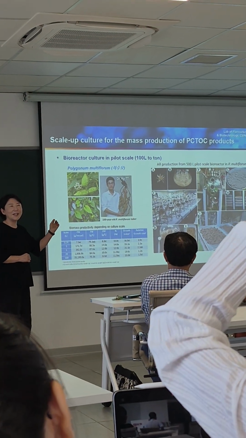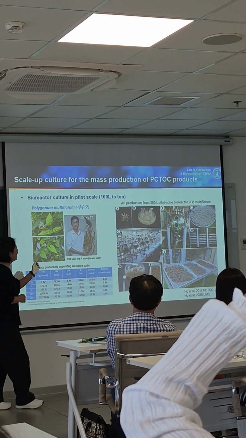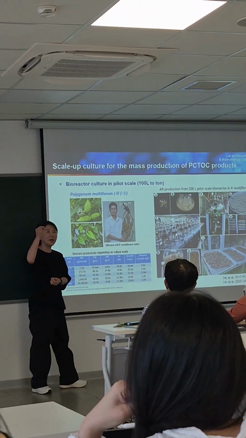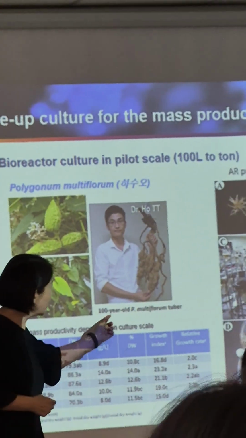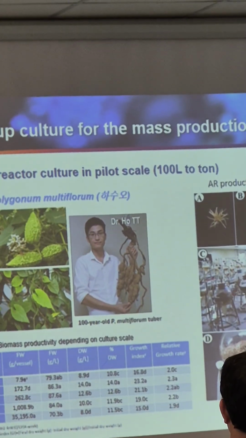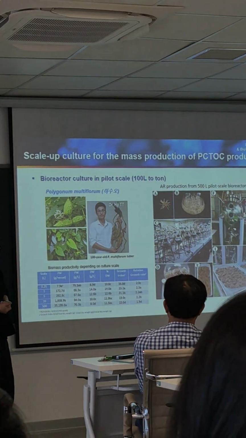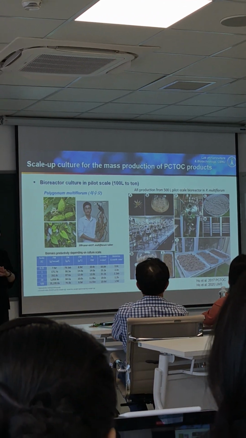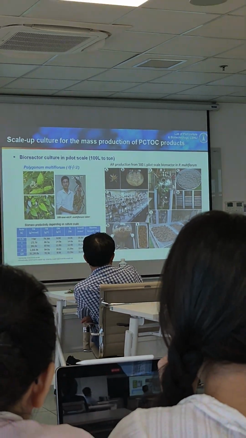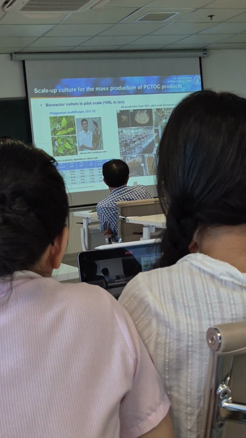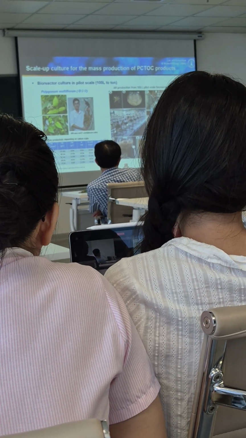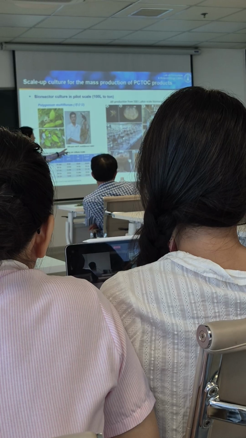It looks a little bit younger than now, but he worked on 100 years old polygonal multicolor tube. At that time we had a collaboration with a big cosmetic company. They particularly wanted to produce the product from a 100 years old plant.